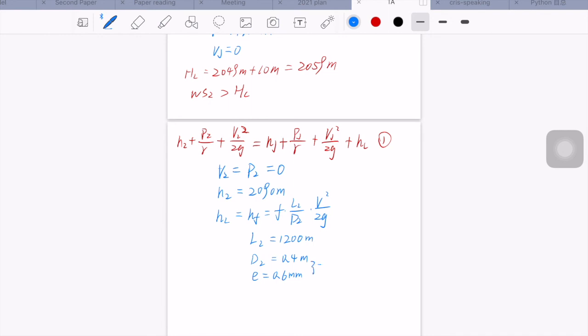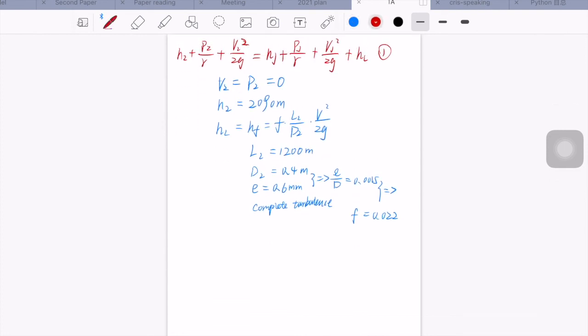So we can calculate the relative roughness is 0.0015. Because the problem shows complete turbulence, from the Moody diagram we can find that f equals 0.022.